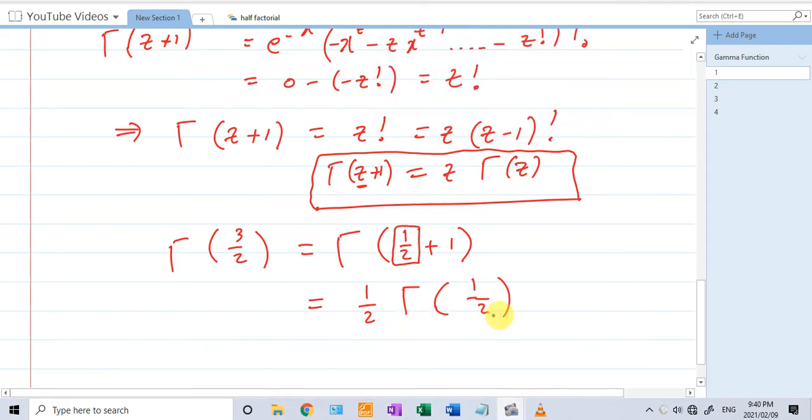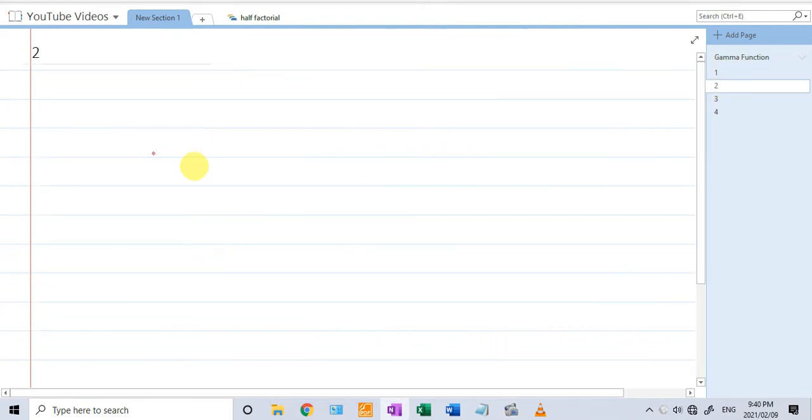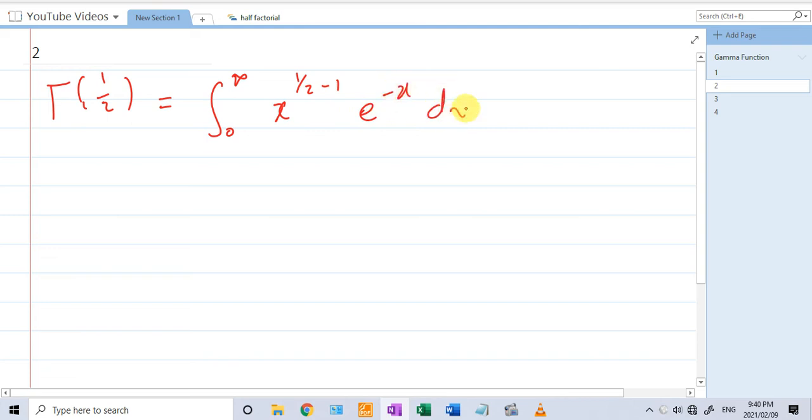So let us look at gamma half. What is gamma half? Substituting into the gamma function, gamma half is equal to the integral from 0 to infinity of x to the power half minus 1 e to the power negative x dx. So what we have is the integral from 0 to infinity of x to the power negative half e to the power negative x dx.